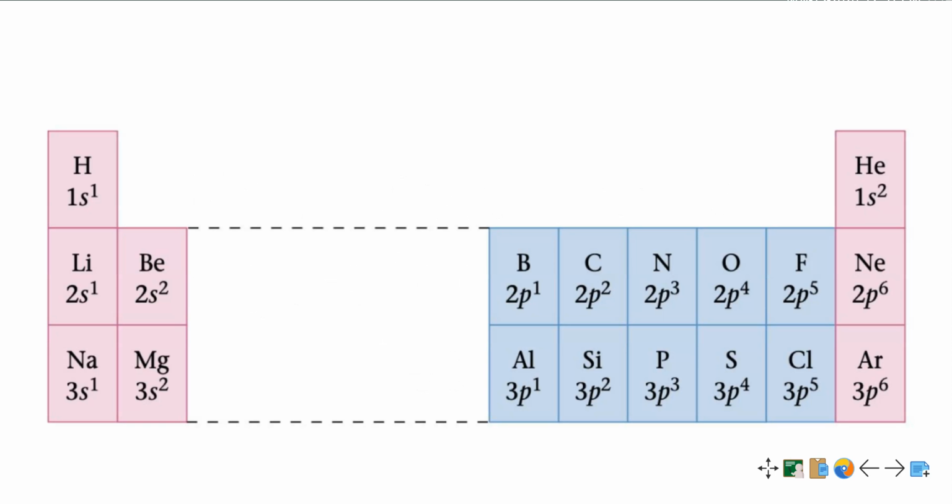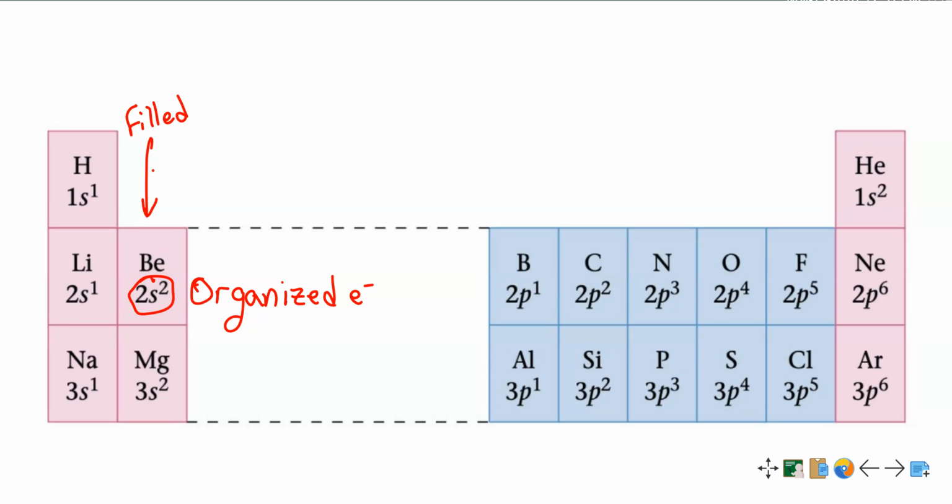Now, this should look familiar because we talked about how this right here is an electron configuration that tells us how the electrons are organized. But the reason I bring it to your attention is that when we look at the S sublevel, this column right here indicates that the S sublevel is filled.